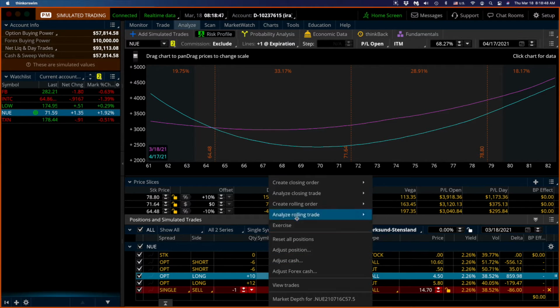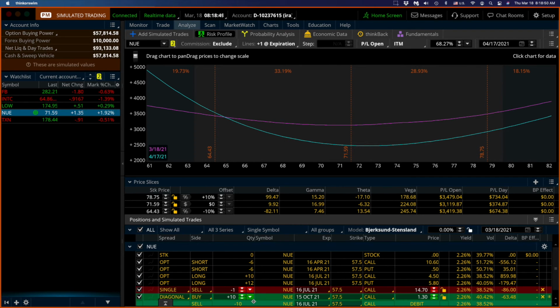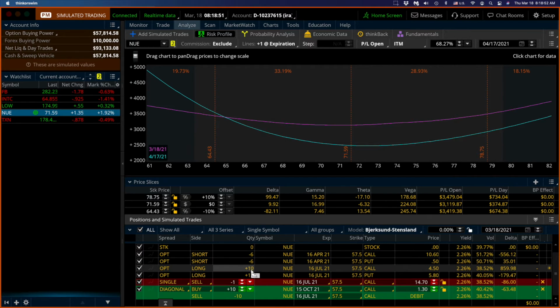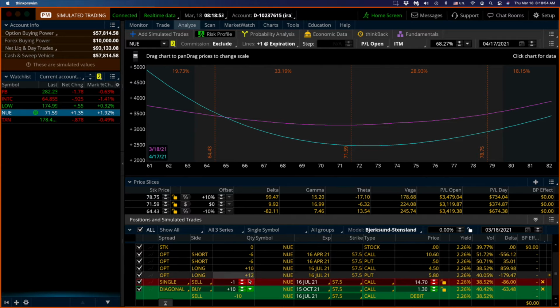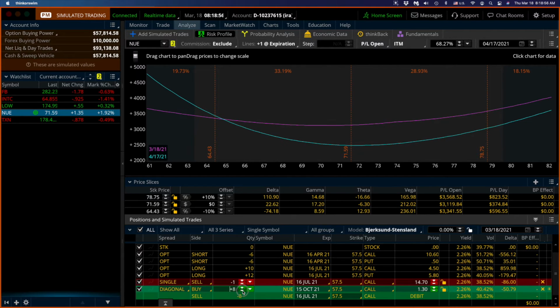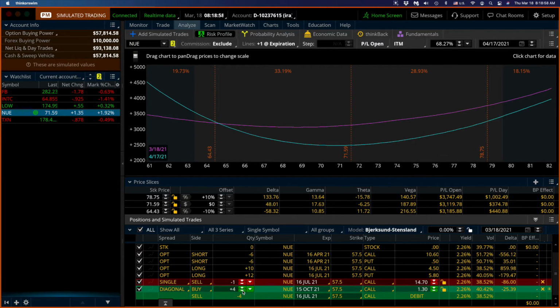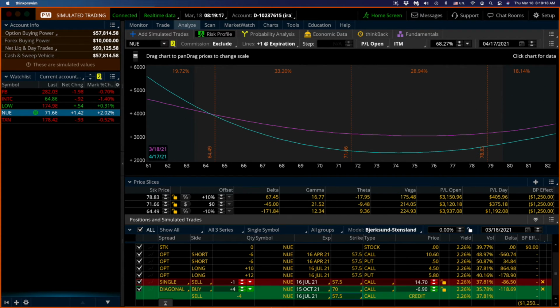I say analyze rolling, and we will be transforming 4 of them, rolling up 4, because that's what we have outstanding now. 10 minus 6, 4. And change those July calls to a higher strike price. Let's say 70 or 75 or 72.5. Let's see. Let's do 70.